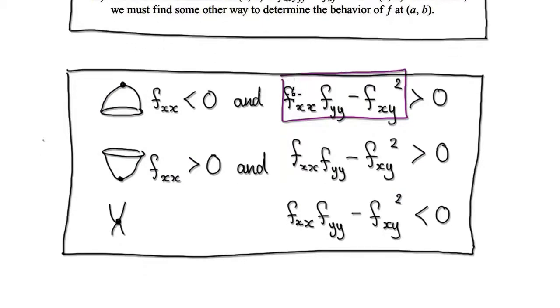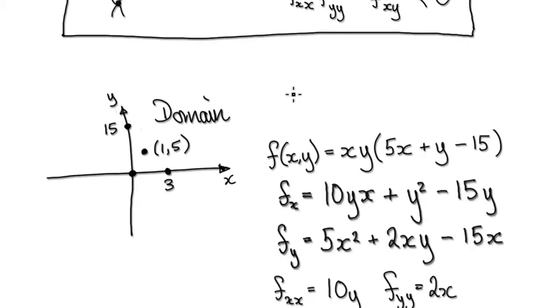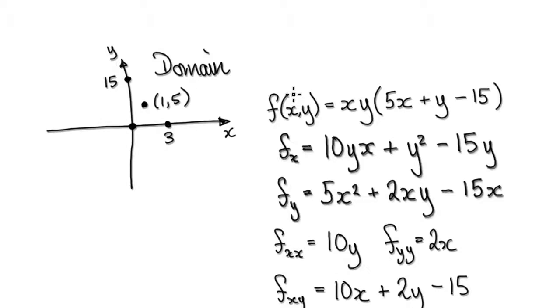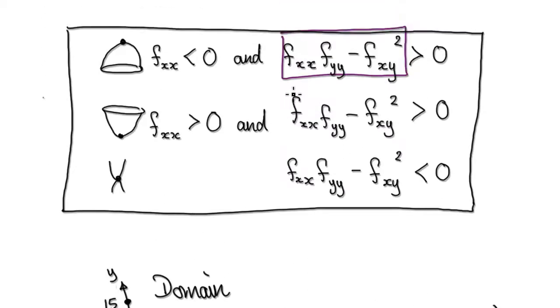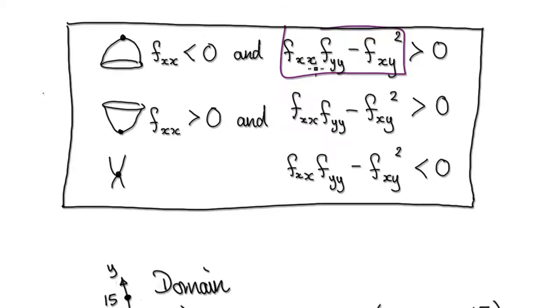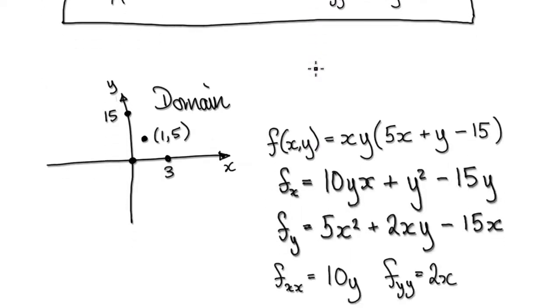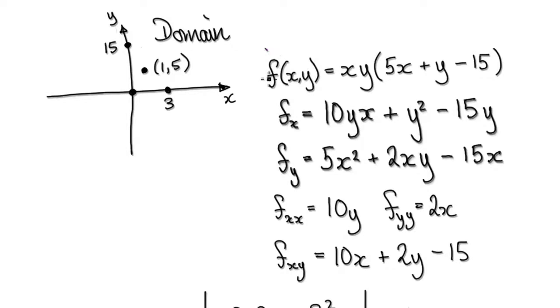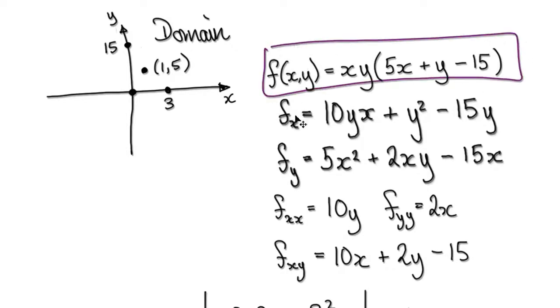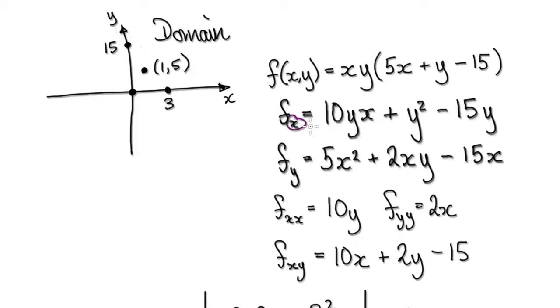To perform the second derivative test, we need to figure out fxx, fyy, and fxy. So let's look at our surface again. This is our surface. We've done this. Fx equals this, fy equals this.